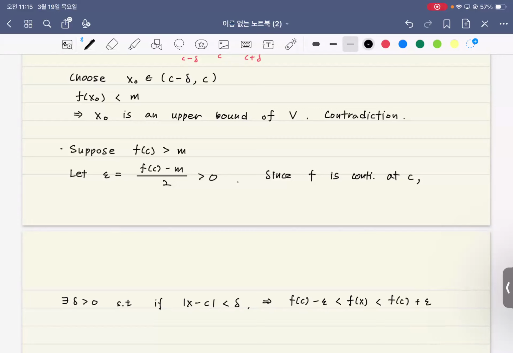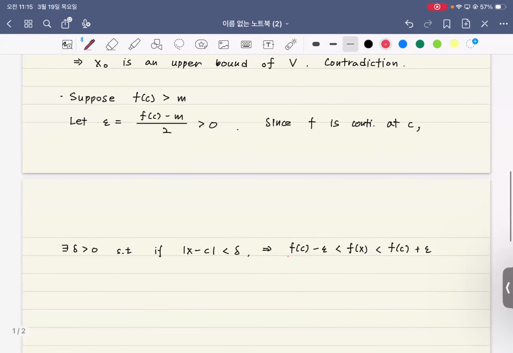Okay, and I want to plug this epsilon in here. Then it can be written as f of c plus m, everything over 2.